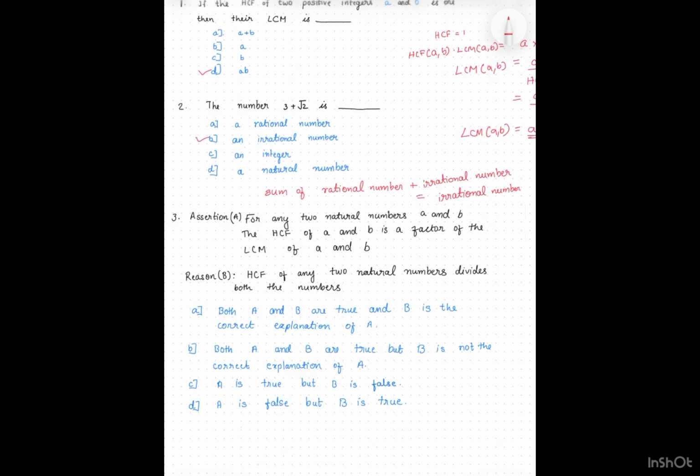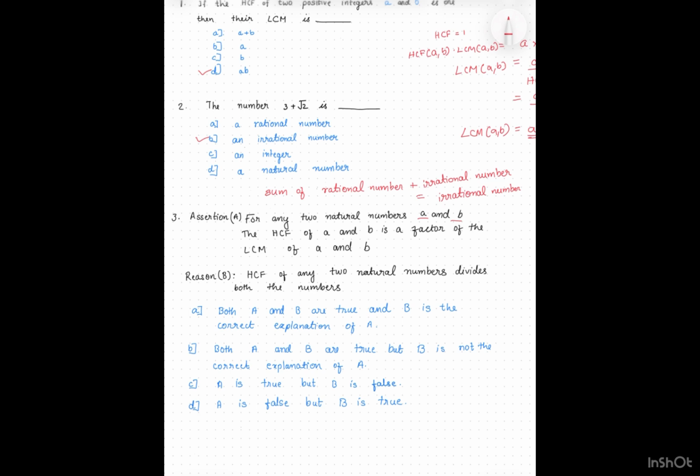Third question. Assertion A: for any two natural numbers a and b, the HCF of a and b is a factor of the LCM of a and b. Reason R: HCF of any two natural numbers divides both the numbers.